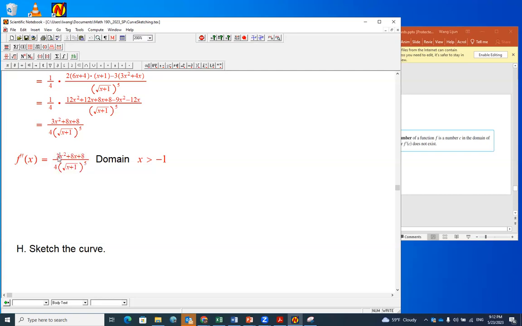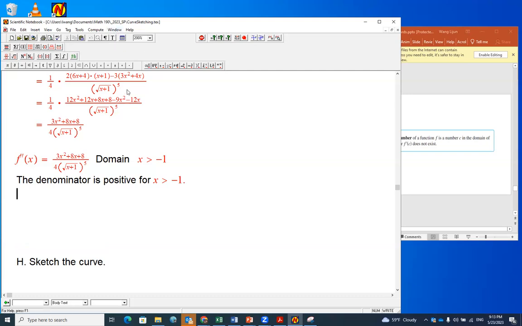How about the numerator? The numerator is a quadratic form. When does it change sign? Okay, so let's write down: the denominator is positive for x larger than -1, needless to say.